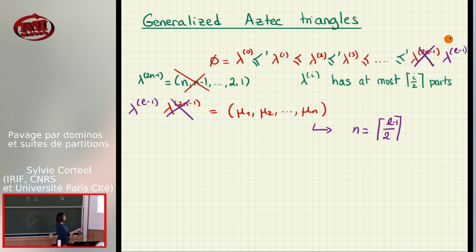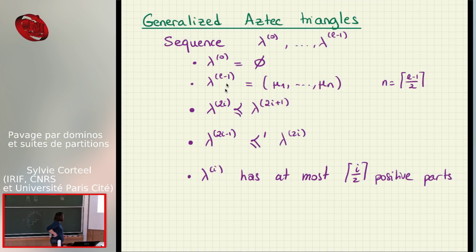I could choose in general to have a sequence of maybe odd or even number of partitions. Okay, so that's what I want to look at, these generalized Aztec diamonds, where I end in any partition with n parts, and then my sequence can have 2n or 2n plus 1 partitions. And so that's what I want to look at.